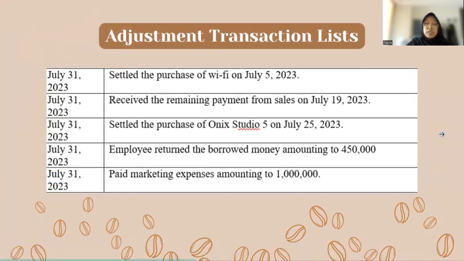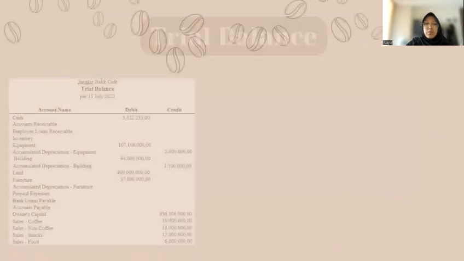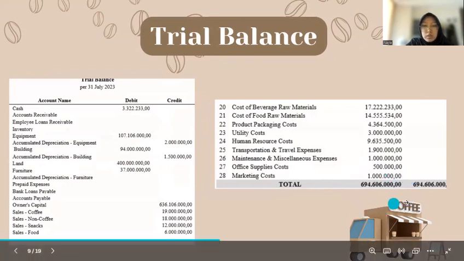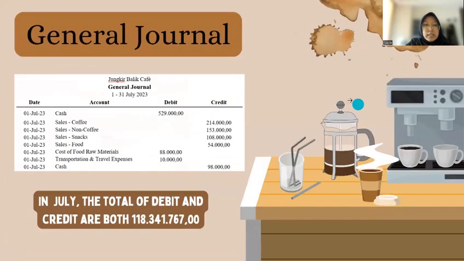We then also managed to make the trial balance, and here is the total amount. Next is general journal. So after listing the transactions, we compile it to a general journal.